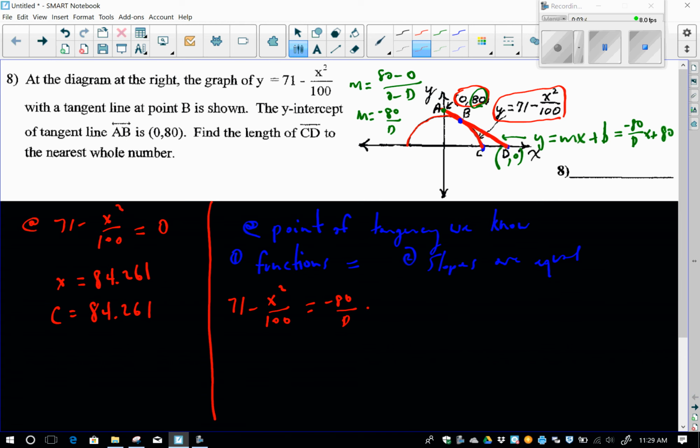So we have the quadratic equal to the linear at this point B. Then we know the two slopes are equal, so the derivative of 71 minus x squared over 100, which is negative x over 50, equals the derivative of negative 80 over d x plus 80, which is negative 80 over d.